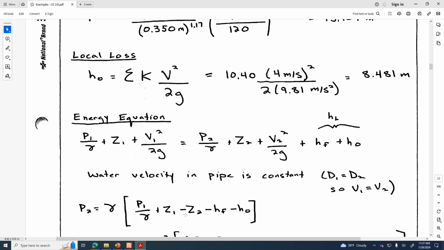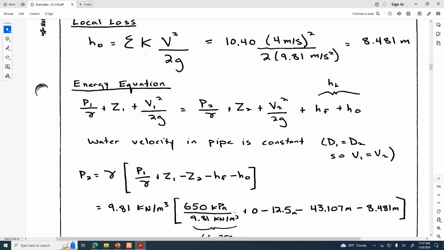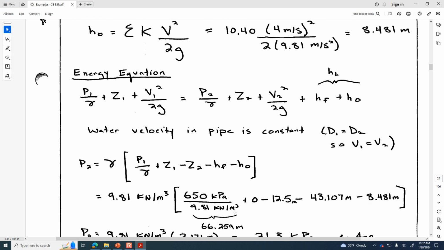What's reducing the energy between 1 and 2 is an increase in elevation, the friction losses, and the local losses. So those three things are going to be taking away from how much pressure there is downstream.